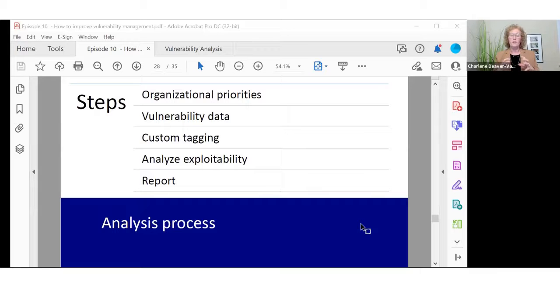The output it gives you, and they all have different formats, but what you're looking for is the CSV, comma delimited, which you're going to pull into Excel. And then from that data you pull in, you're going to grab a couple of fields I'm going to show you, and that's what you're going to drop into the tool. With the tool, you're going to do this custom tagging. And then that's the first step in analyzing the exploitability. And then from that, you can produce your reports.